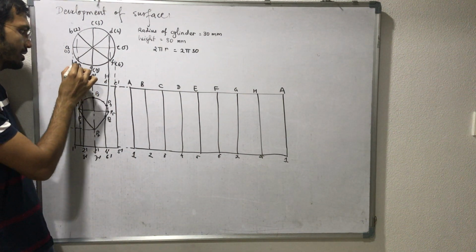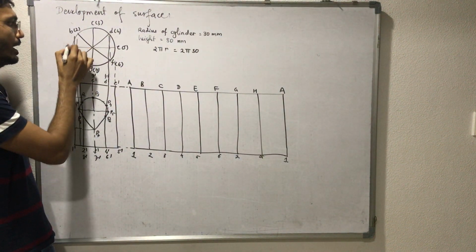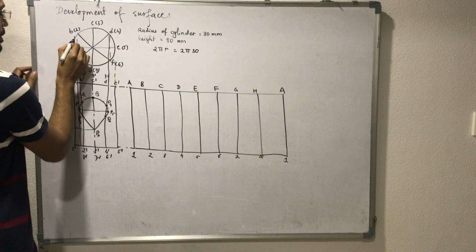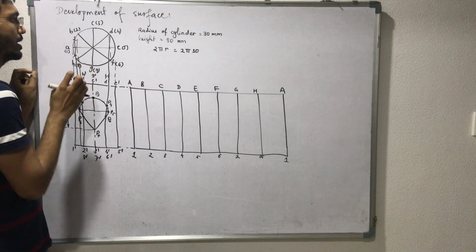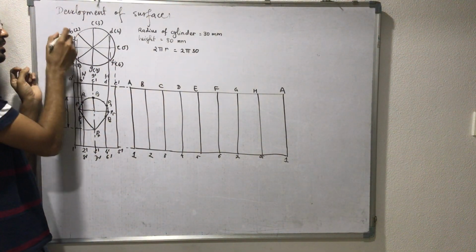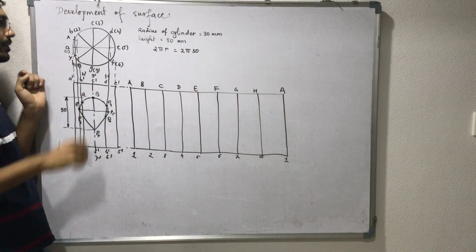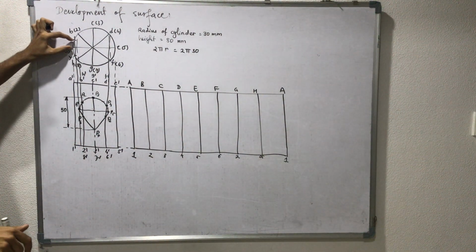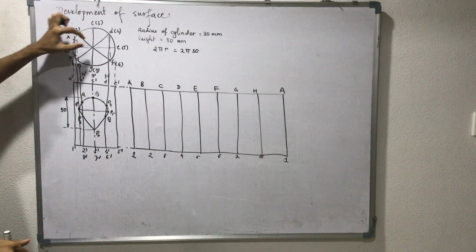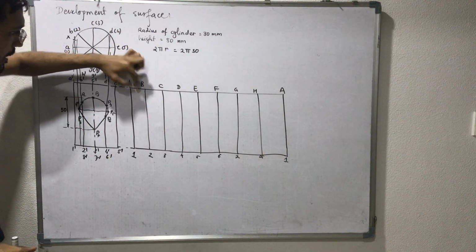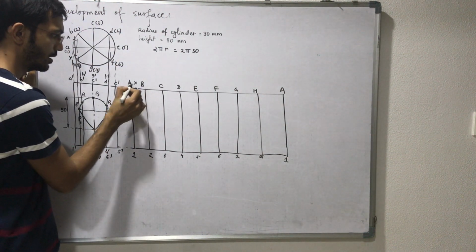But where does it intersect? It will intersect between AB, and between H and A. So we will consider, let's say, X and Y points. I will take the AX radius between AB, so the X point is over here.